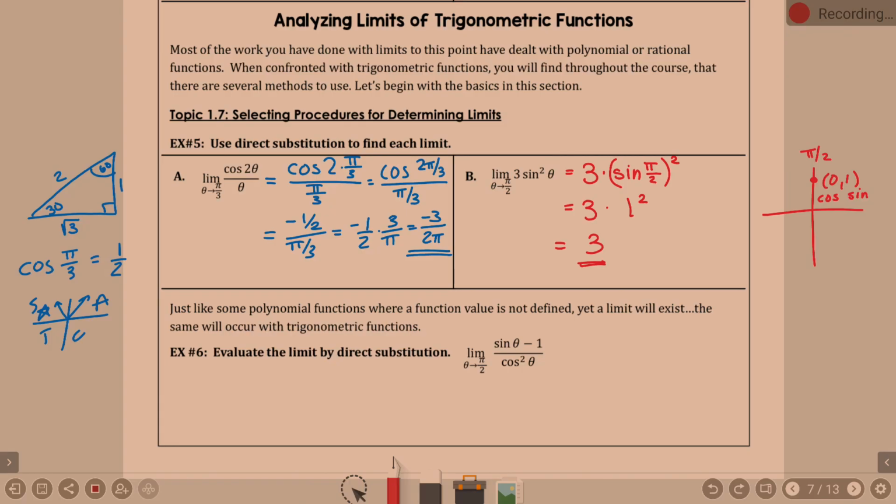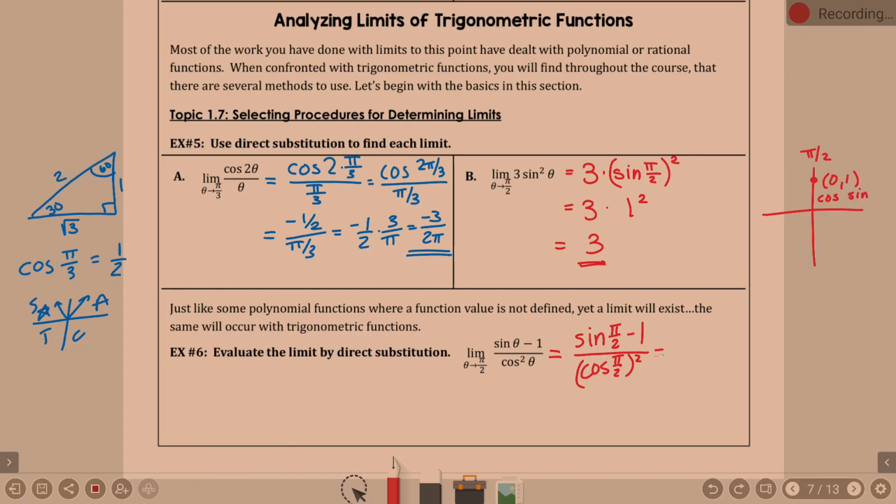Easy enough. Now, just like some polynomial functions where a function value is not defined, yet a limit will exist, the same will occur with trig functions. So if we plug this in, the sine of pi over 2 minus 1 over the cosine of pi over 2 quantity squared.